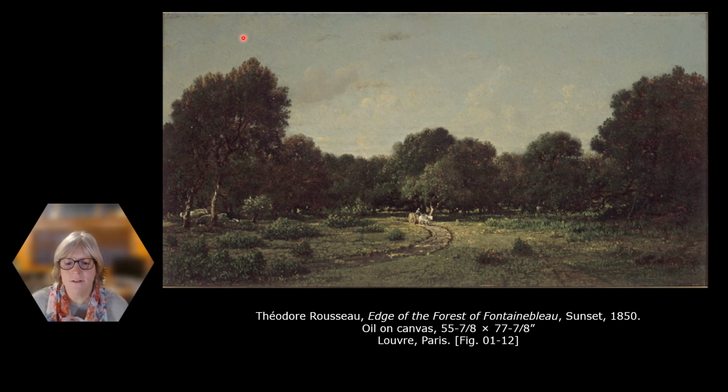You see the vast sky, these large trees, and look how this tree is towering over. And then you see this small human traveling along this man-made road. So it's very small in this large, vast landscape.